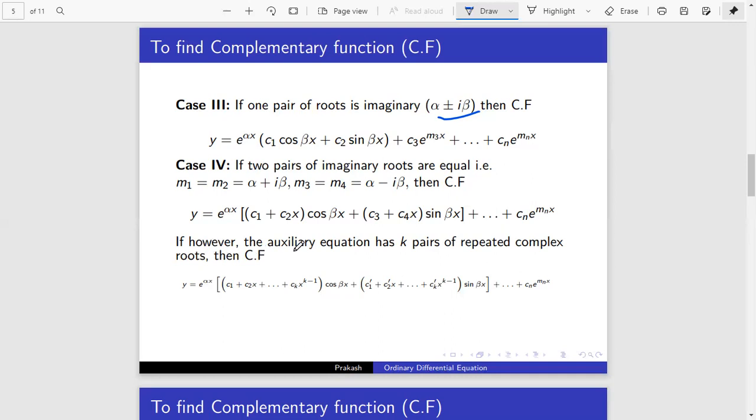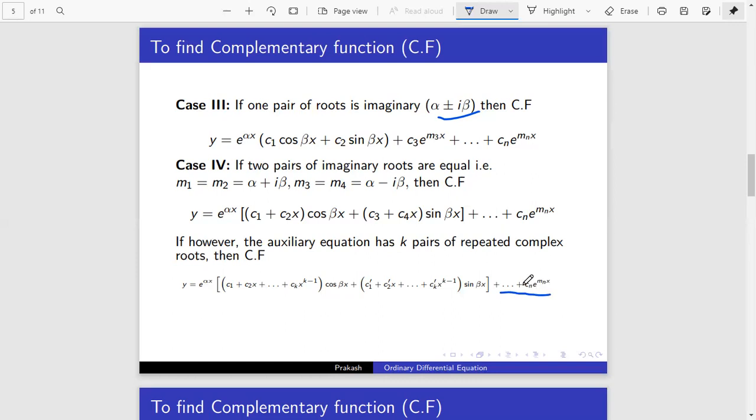Then the complete solution is y equal to e power alpha x into (c1 plus c2x up to ck x power k minus 1) cos beta x, next c1 dash, another constant, and we can write like this here sin beta x. So in the above cases, if these roots are real and different, we can write in this way.